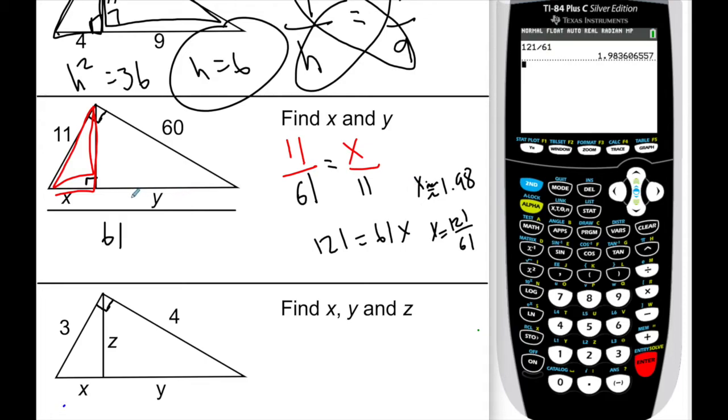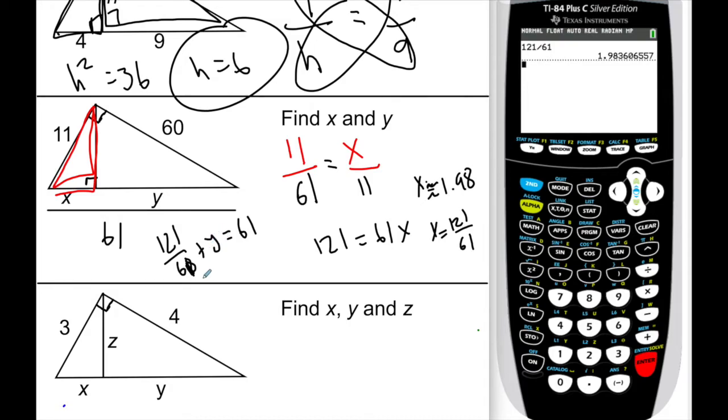Or X is 1.98. Now we need to find Y, but we're actually good because X plus Y has to equal 61. So in other words, 121 over 61 plus Y is equal to 61, okay?